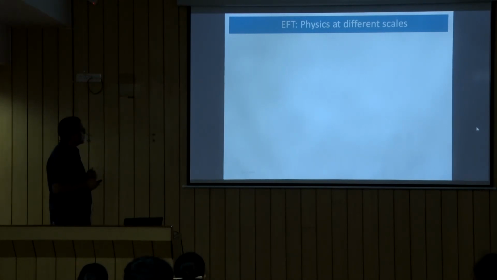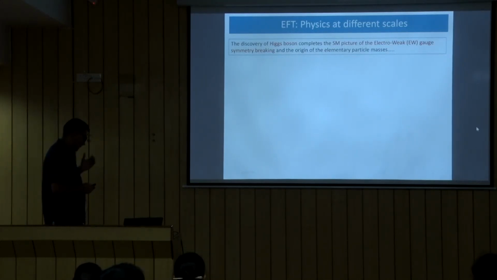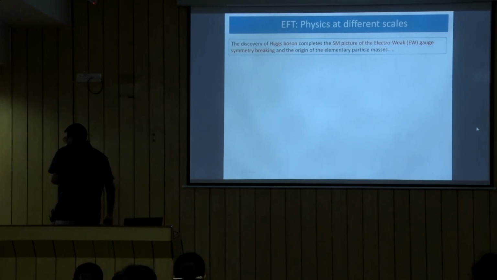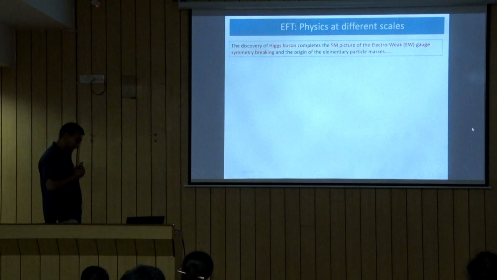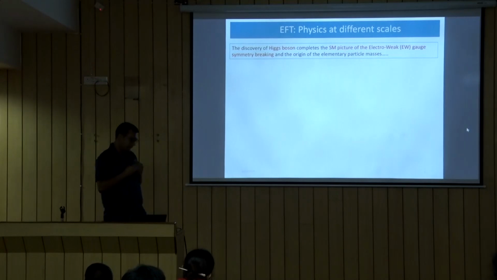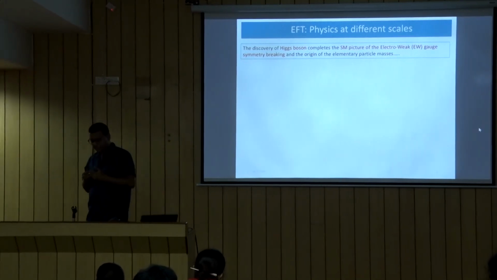This is the effective theory, and why it is useful now is that the standard model is a successful theory. By now we know how to generate the masses for the standard model particles, and the CP violation picture in the standard model is clear to us.